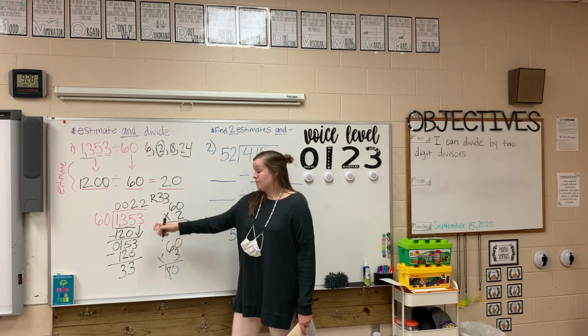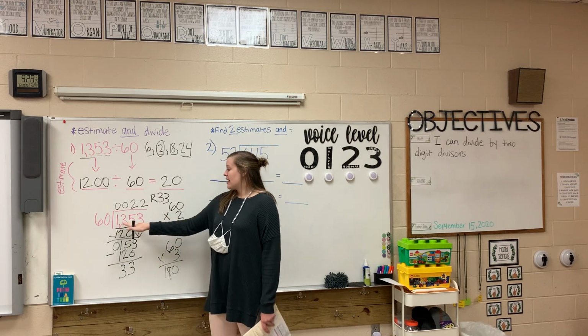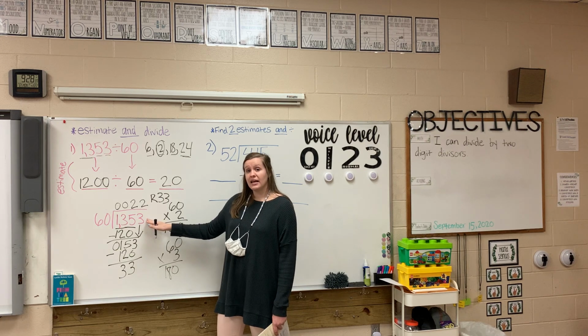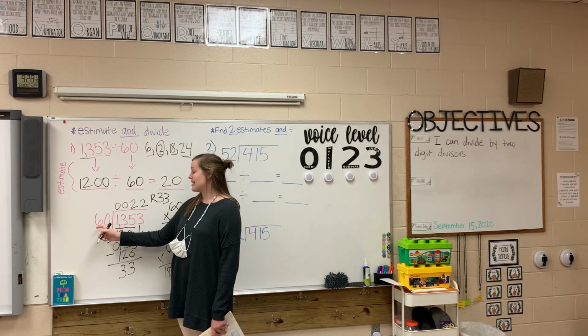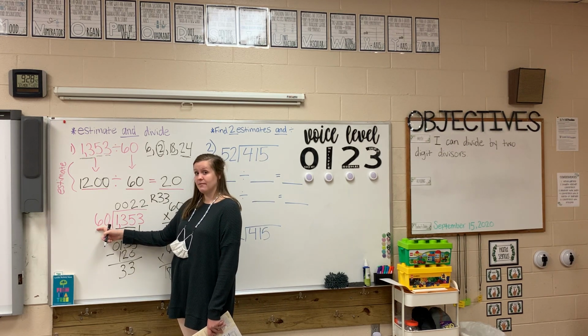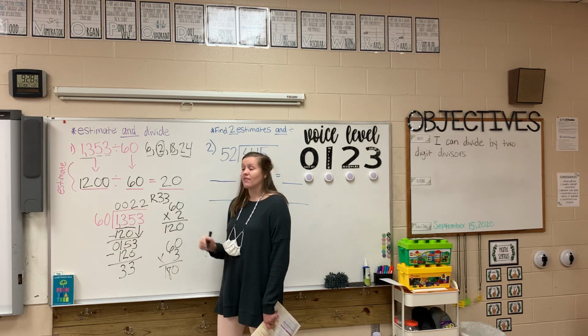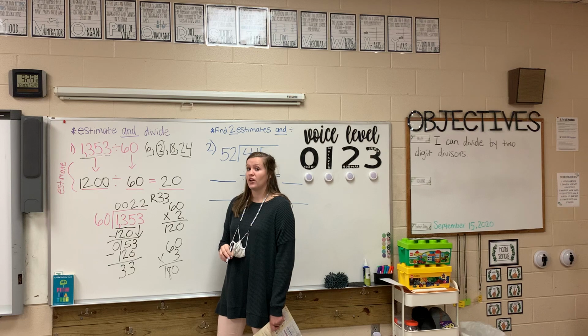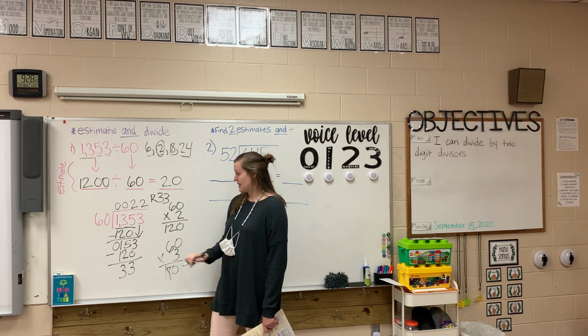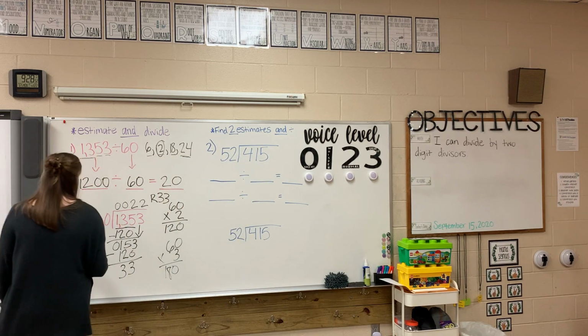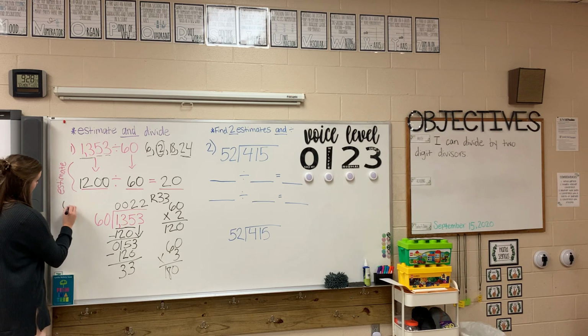This tells me that if I have 1,353 of something, and I'm trying to make groups of 60, I could make 22 groups, and I would have 33 left over.